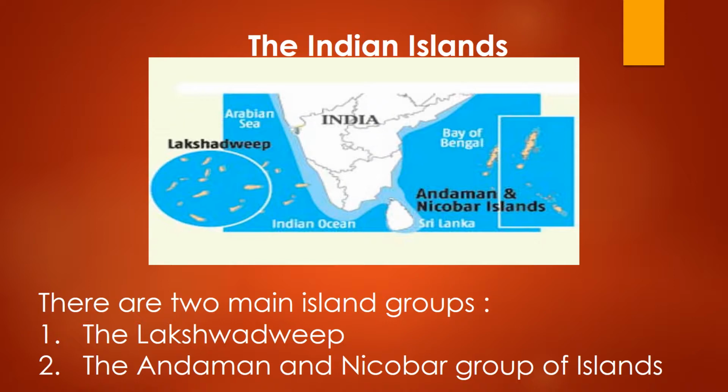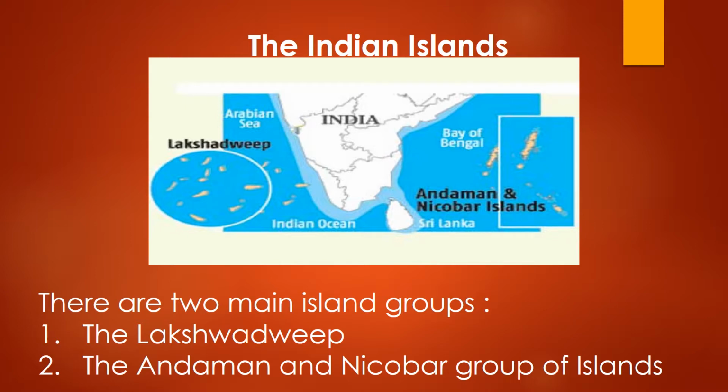The next group of islands are Andaman and the Nicobar Islands. This group includes as many as 572 islands of varying sizes, of which about 38 are inhabited.